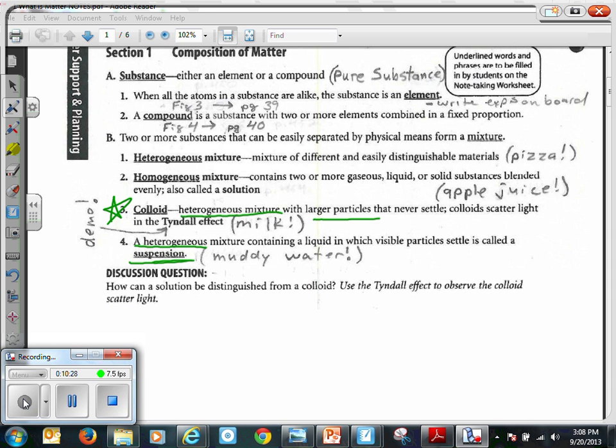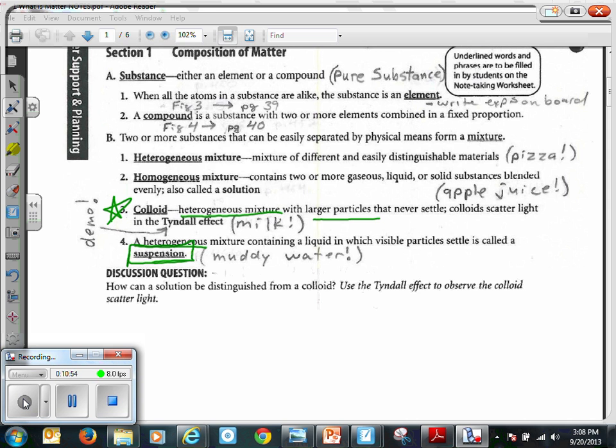So muddy water is a good example of a heterogeneous mixture, because if you've ever played in muddy water in cups or toys, and you come back the next day, you see all that sand in the bottom, right? Or if you go to the lake and you're playing close to the beach and the water gets really muddy, and then you go back later and it looks clear again, that would also be a suspension, okay?